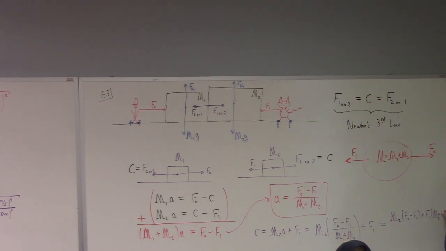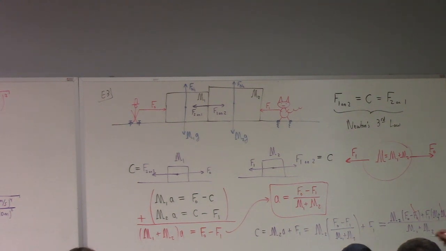I'm starting to run out of whiteboard here. Divided by M1 plus M2. I think something will be canceling. Maybe not. I've got an M2 F1 and I've got an M2 F1, so I think these two terms cancel.